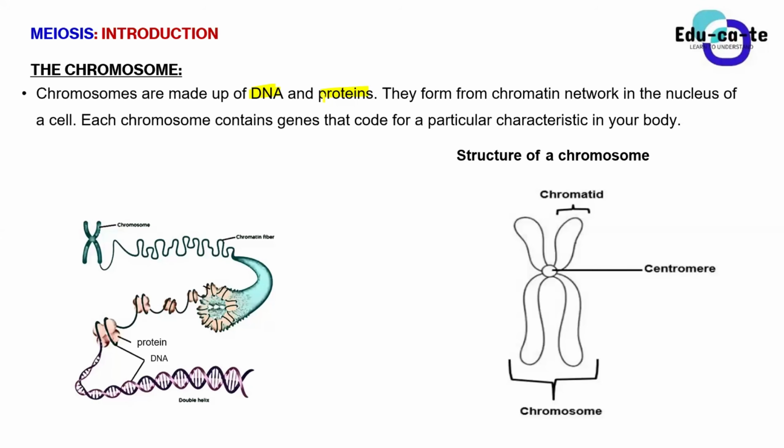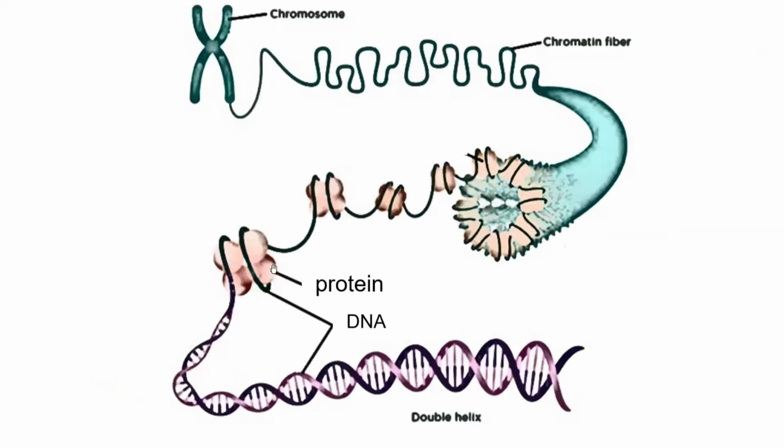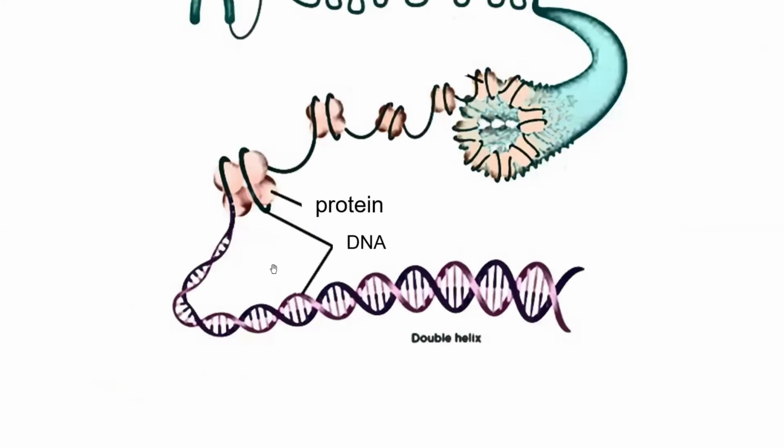Alright, so this image that I've extracted is for you guys to see that when we combine DNA, do you guys see the DNA molecule here? Yes, sir. So when we combine the DNA molecule with the protein, this ball-like structure represents the protein.